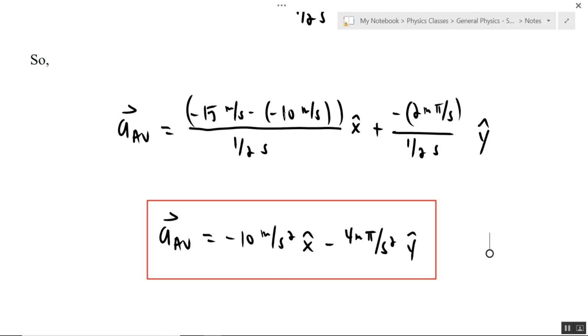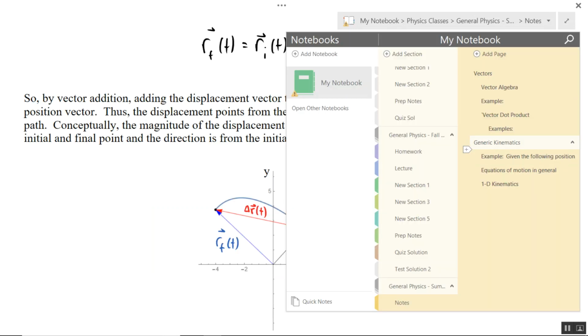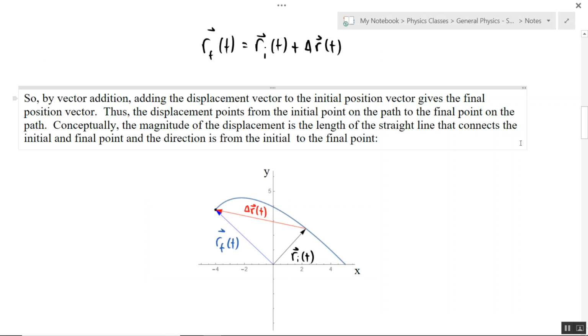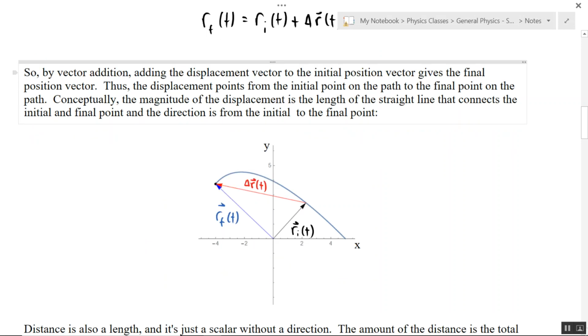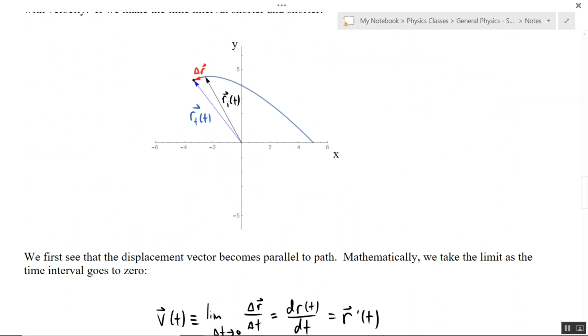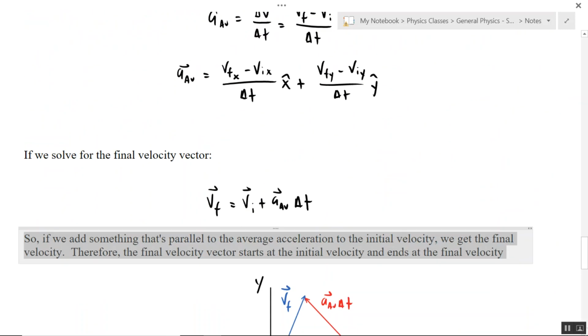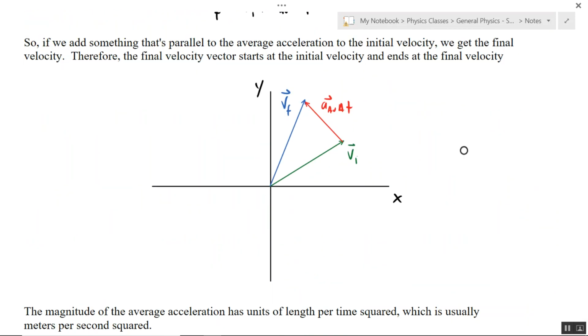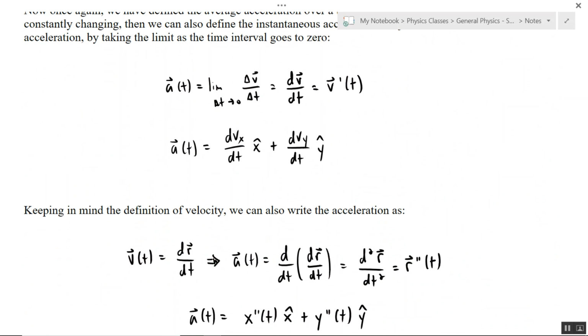All right, so the next step we can do is something that we did for average velocity and velocity, which is to find the instantaneous acceleration, basically the acceleration at any moment in time, which is the same thing you did for velocity. You take the limit as delta t goes to 0 of the average acceleration, which is delta v over delta t.